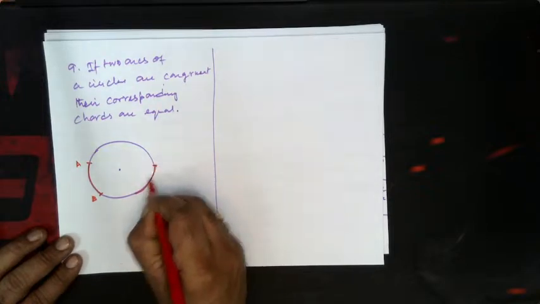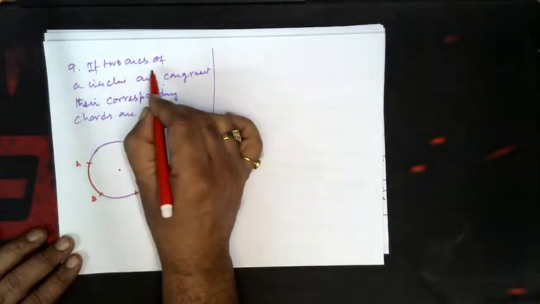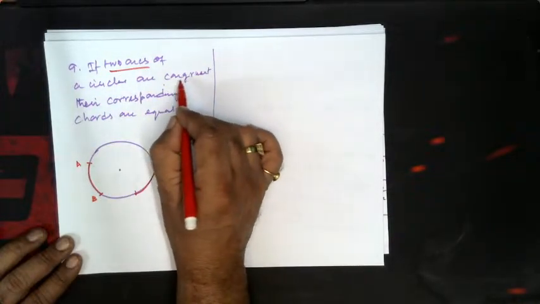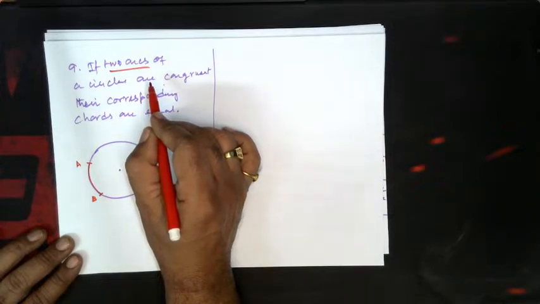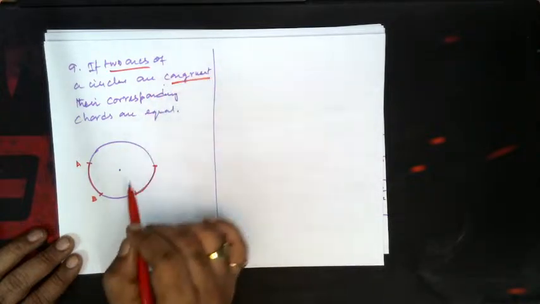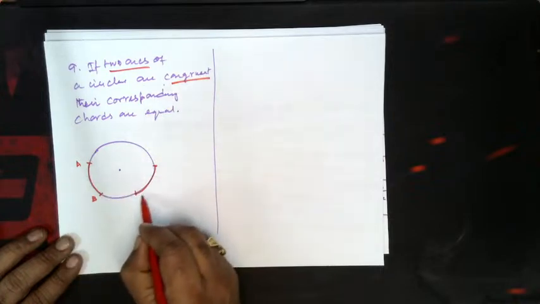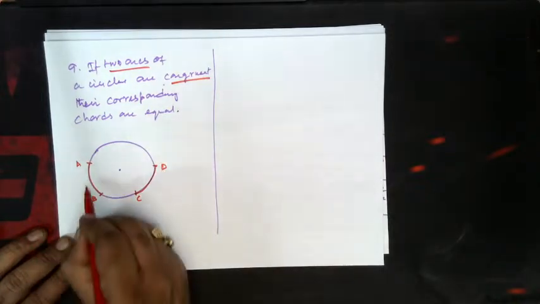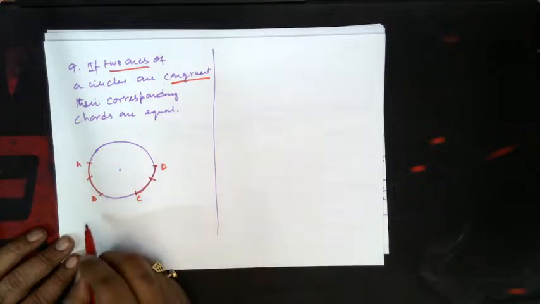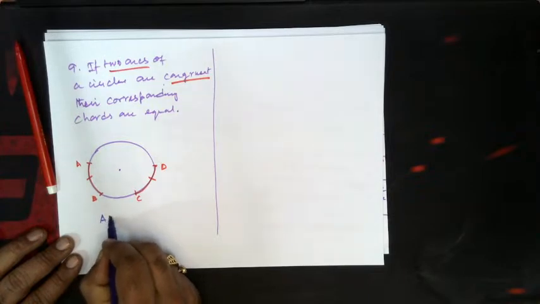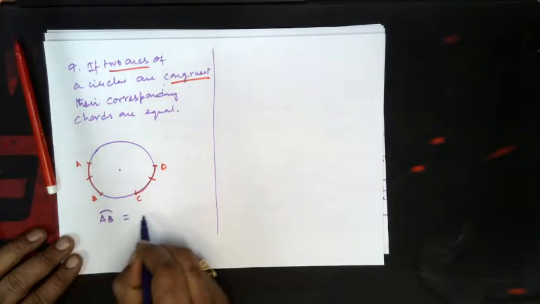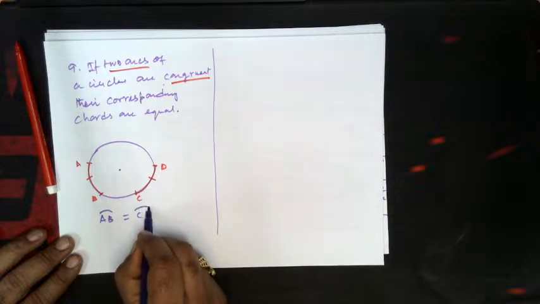They are of equal length, so the arcs are congruent. Two arcs of a circle are congruent means they are of equal length, CD. Let me represent this by arc AB is equal to arc CD.